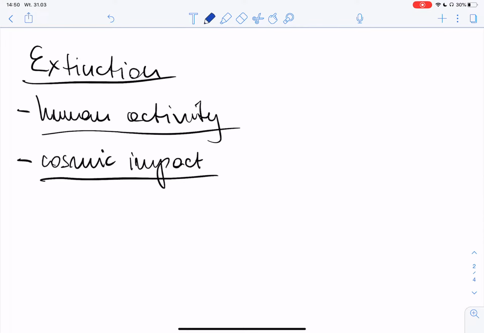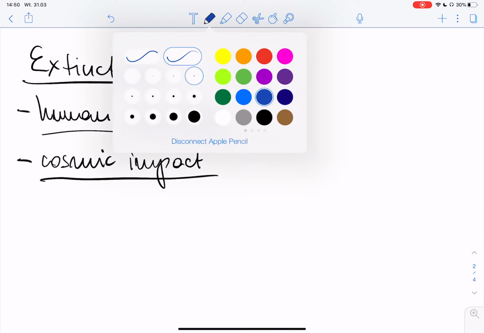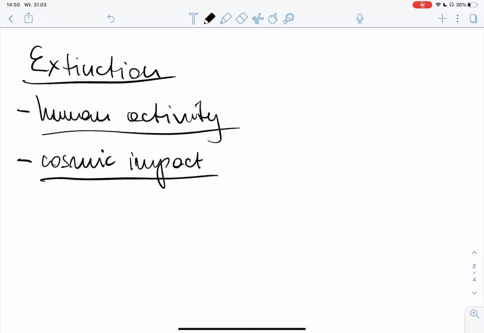Right now, some scientists say that we are living in another mass extinction. There were at least six huge mass extinctions in the past, and right now another one is happening, but it's not due to a cosmic impact or a change of climate or anything. It's just our activity, our destroying of the planet, of natural habitats.